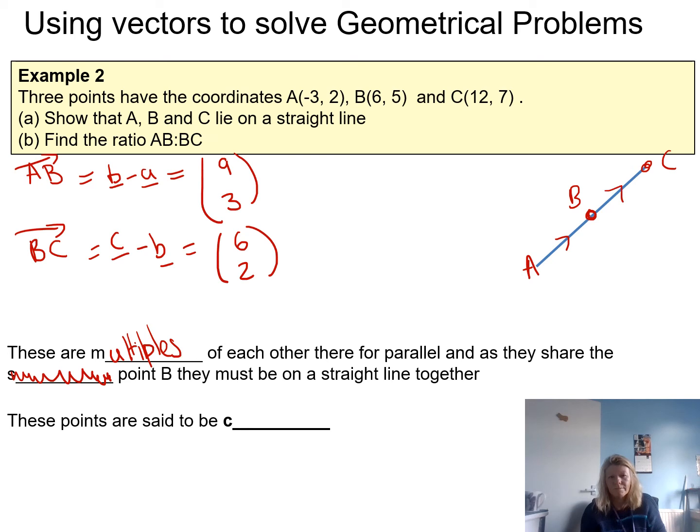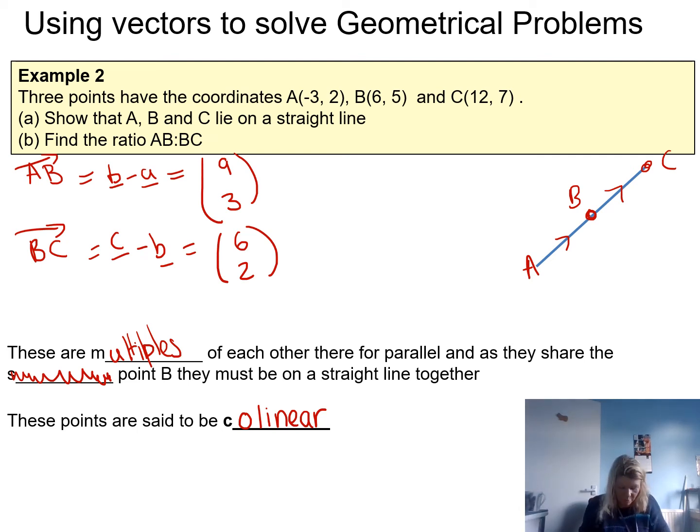Quite true. Just that's a bit longer than that one, although it doesn't look like it in my picture. And if they all lie on a straight line like these, we say that these points are, you might not have seen this word before, called collinear. I think I've spelt it right.